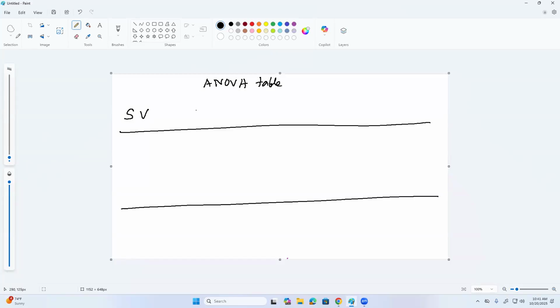Then sum of square, then degrees of freedom, then mean square, then F statistic, and then p value.